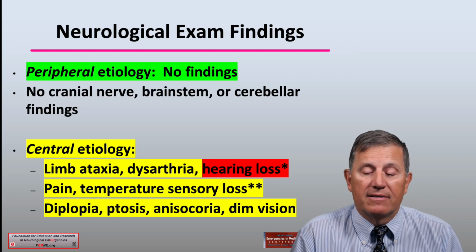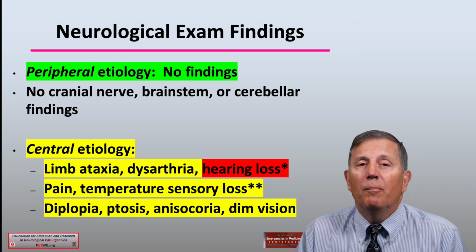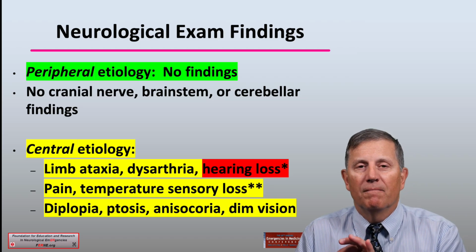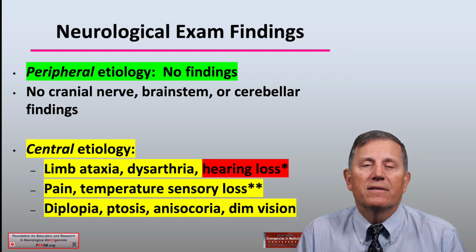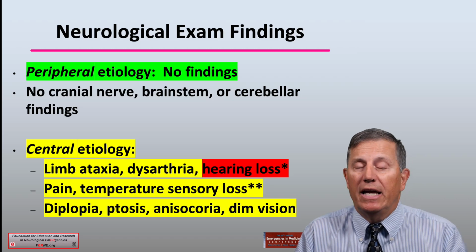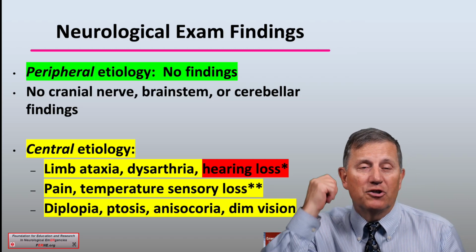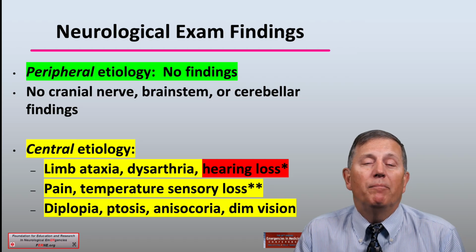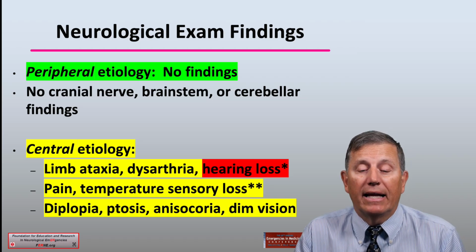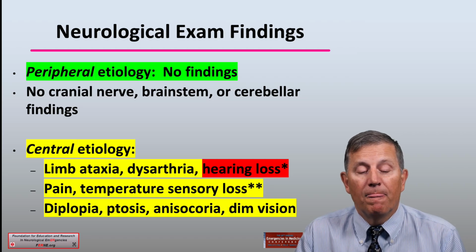I have here on the slide hearing loss in red because the HINTS Plus exam, the plus was assigned by Dr. Newman-Toker, and it refers to hearing loss as an additional finding that adds to the ability of the exam to determine a likely central etiology.